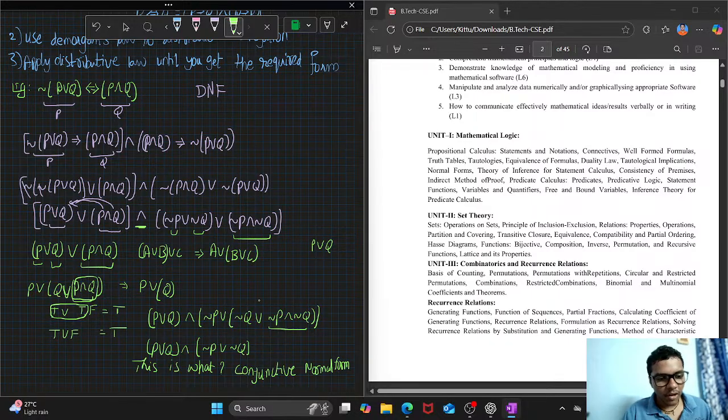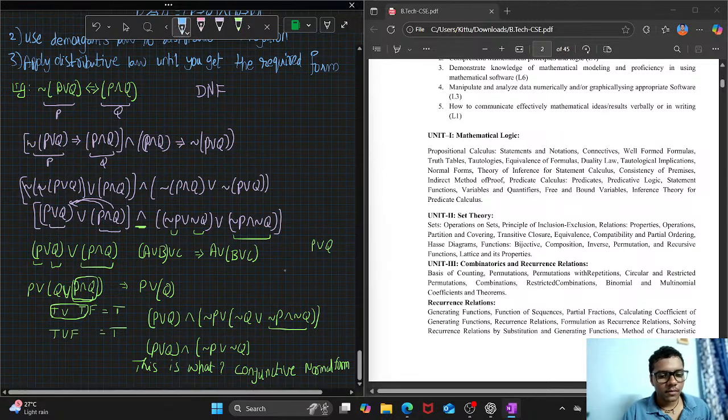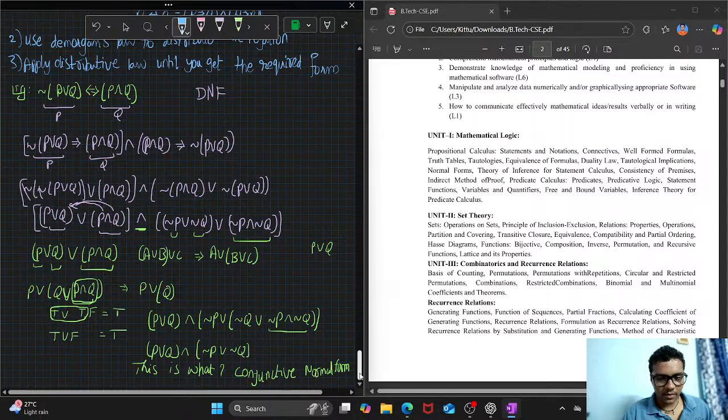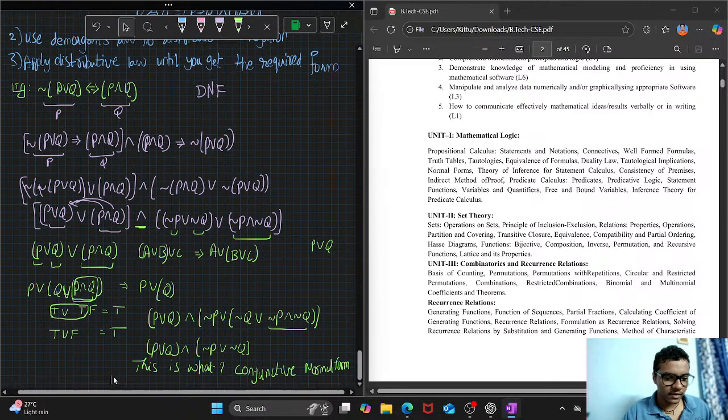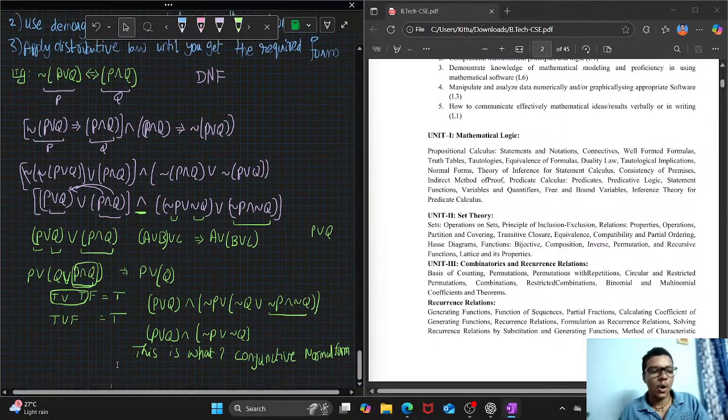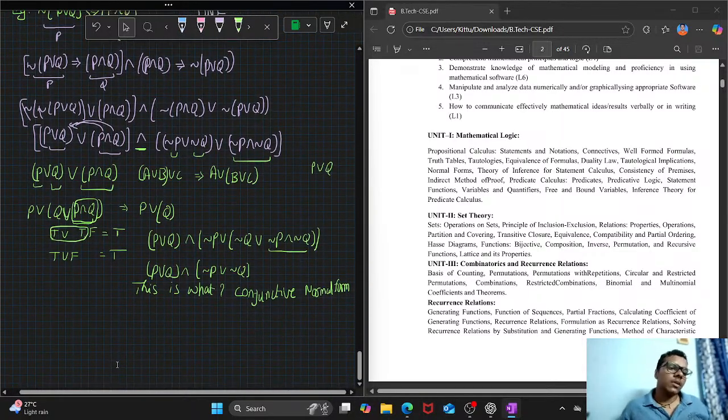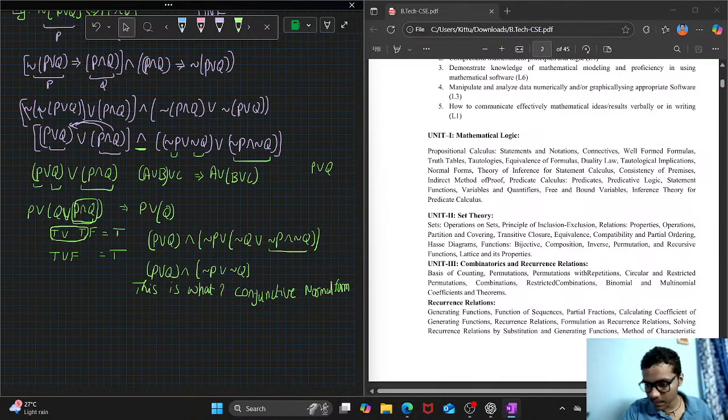So what is that thing that we have done earlier? If that is the disjunctive normal form, the answers are not matching actually. These things are confusing me. And the battery's out as well.